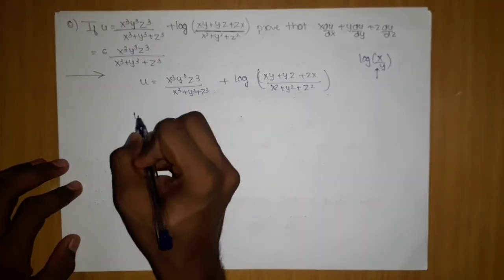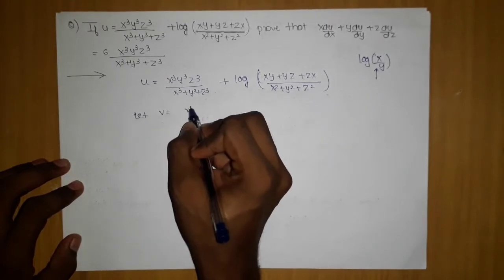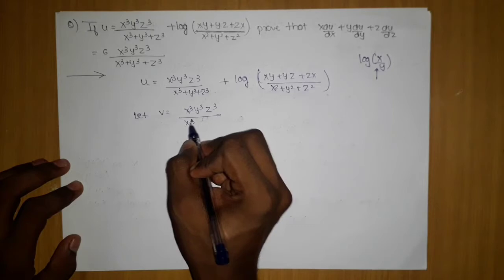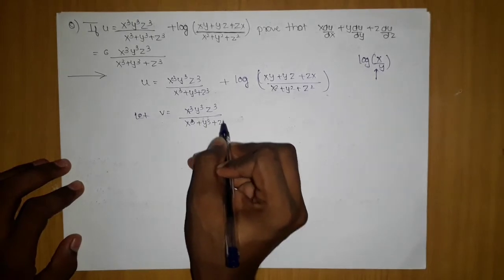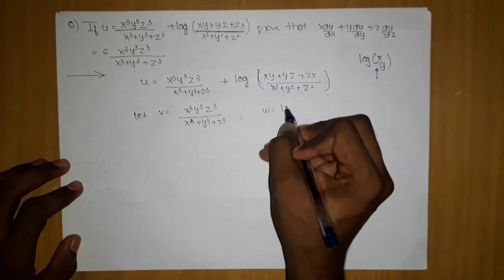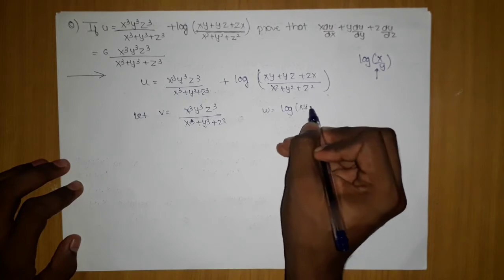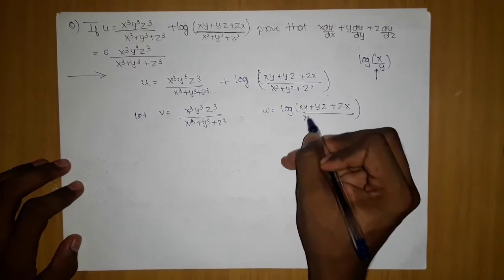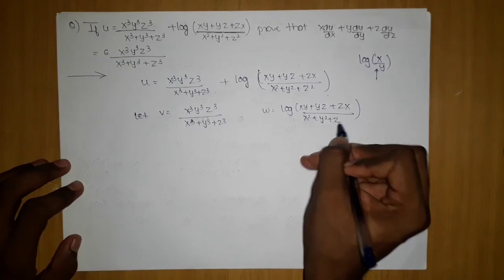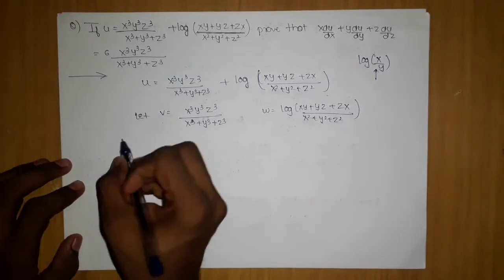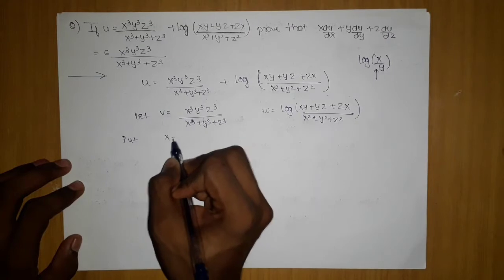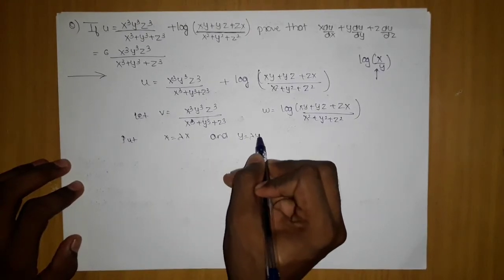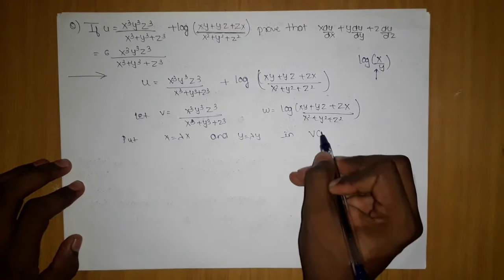Now let v equals x cube y cube z cube, the whole upon x cube plus y cube plus z cube, and w equals log of xy plus yz plus zx upon x square plus y square plus z square. Put x equals lambda x and y equals lambda y in v of x, y.